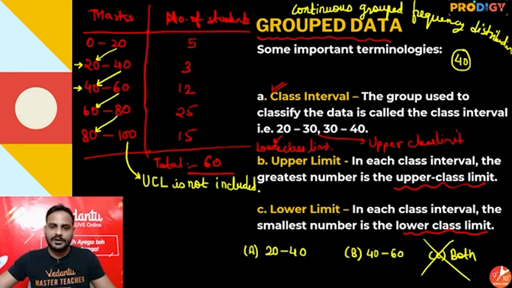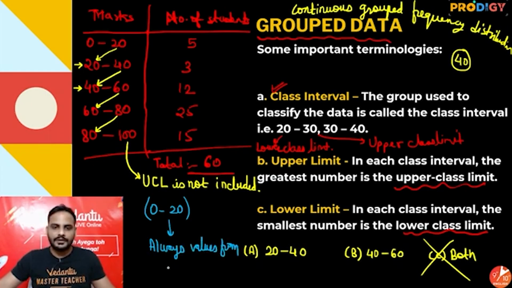Upper class limit is not included, meaning what? If I write a group 0 to 20, in this you will write all the values from 0 to 20 except 20. 20 will not be included over here.